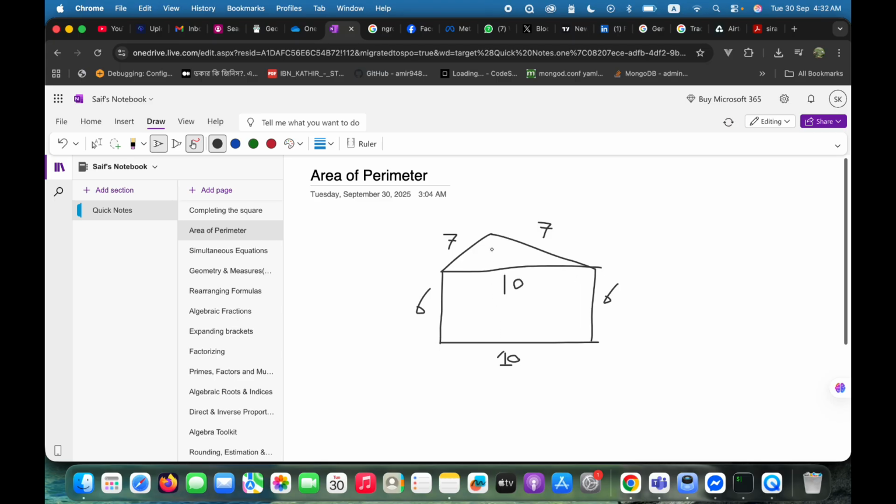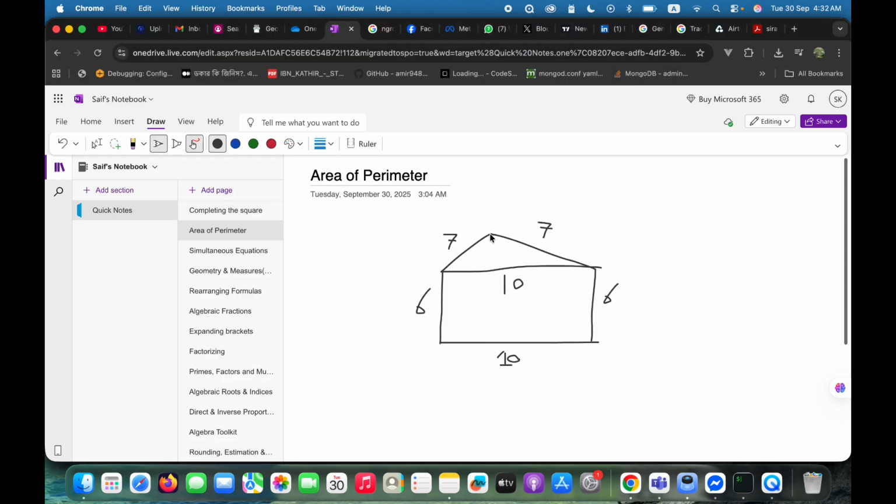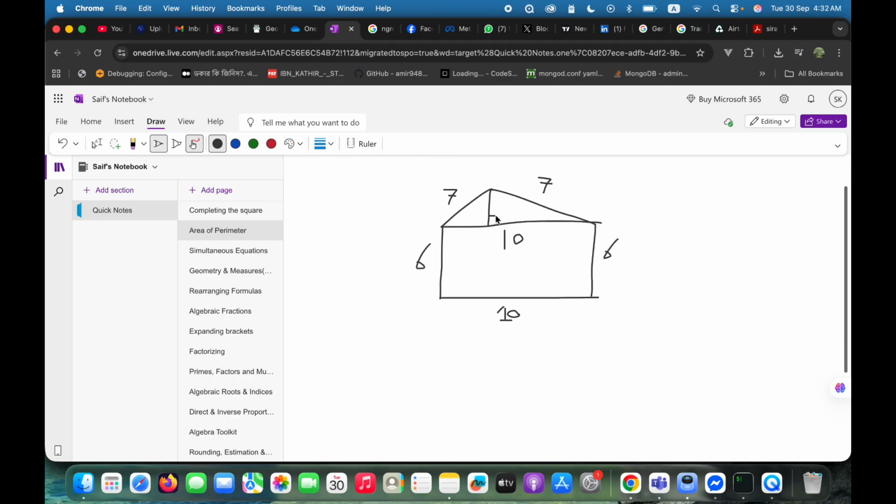If I need to calculate these two parts, the area of this triangle and this rectangle, how can I calculate the area of this triangle? If I draw a perpendicular, I can then use the formula for the area of a triangle. This is 90 degrees, and obviously this is also 90 degrees, and these two sides of 7 are the same according to the diagram.